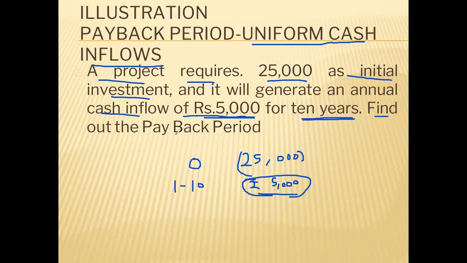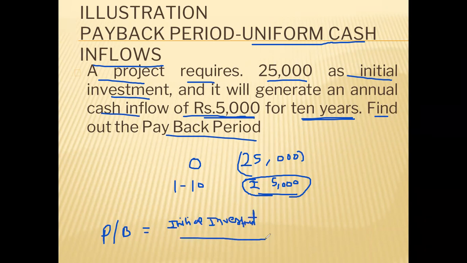So we have to find out the payback period. How we can find out the payback period? Payback period formula is initial investment divided by CFAT. What is the initial investment in this question? CFAT is already given in this question. 5,000 is the inflow, and initial investment is how much? 25,000.